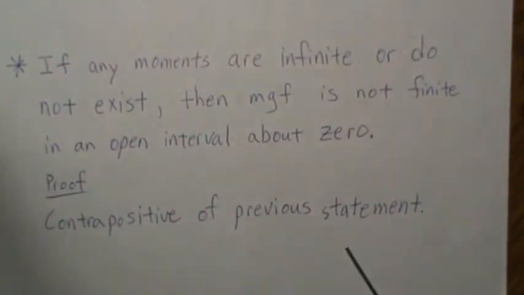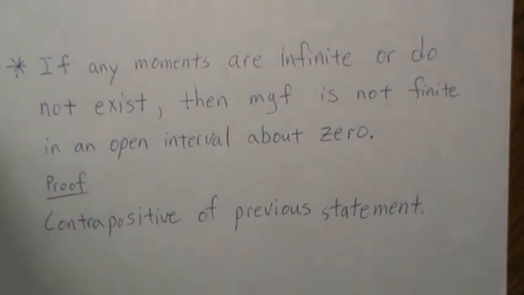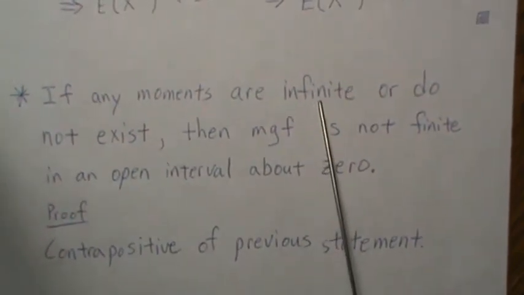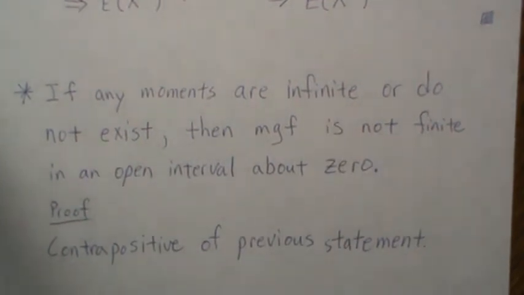And that's the contrapositive of the previous statement. The classic example here is a Cauchy distribution, where the mean does not exist and the second moment is infinite. So there's no interval around 0 where the moment generating function is finite.